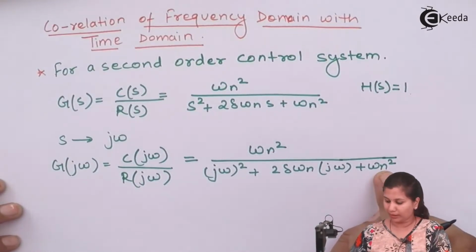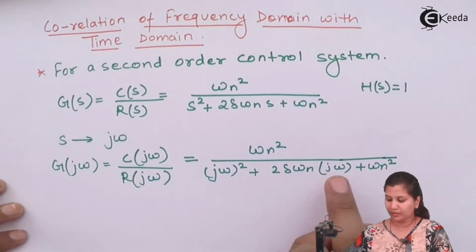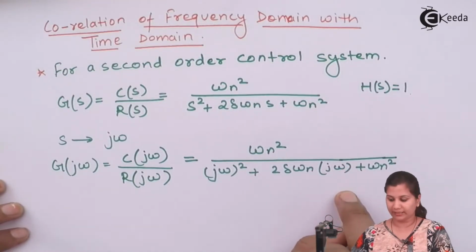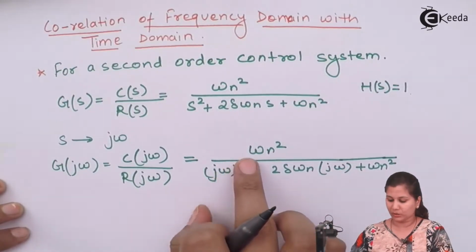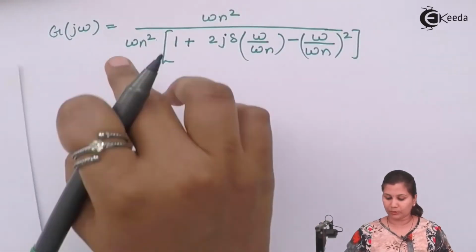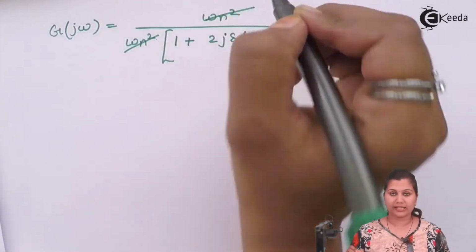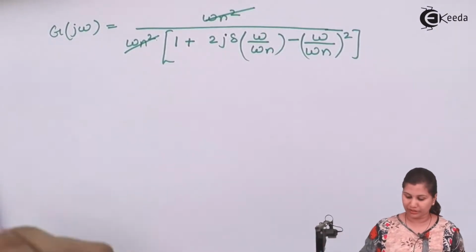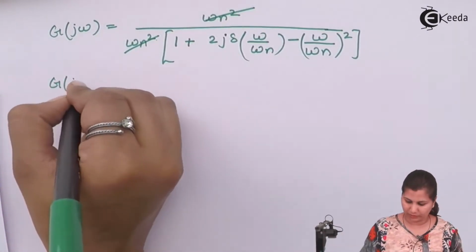This will become 1, it will become 2 delta j omega upon omega n, and this will become omega square upon omega n square minus. Now this omega n square and omega n square will be cancelled. So we are getting G(j omega).